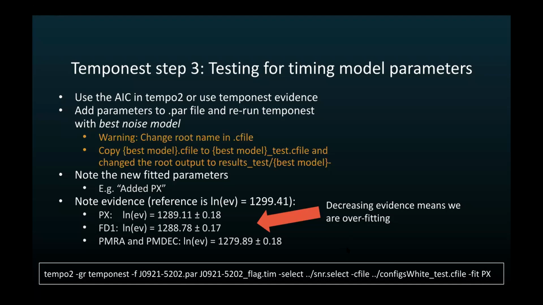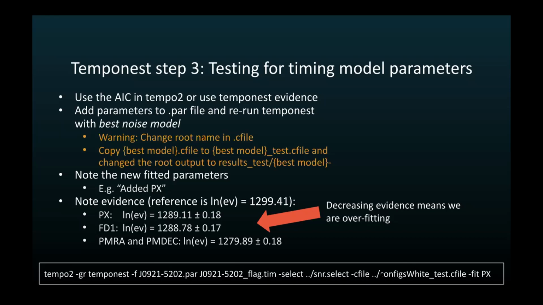Okay, and once you've done that, so in this case here, I would have created a configs, there should be a slash here. I'll edit this in a second. So this is the TempoNest command. Again, the old par file, not the one with the noise parameters, the flags, tim file, the select file, and the configuration file.